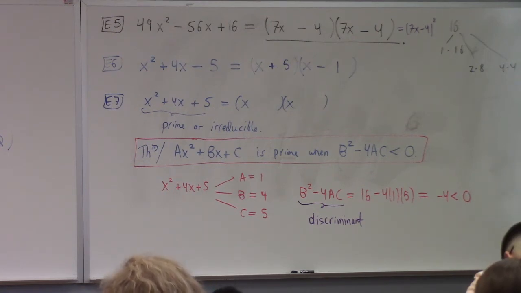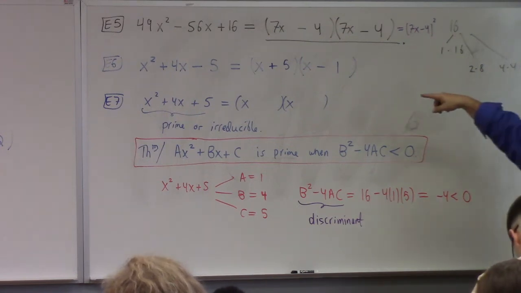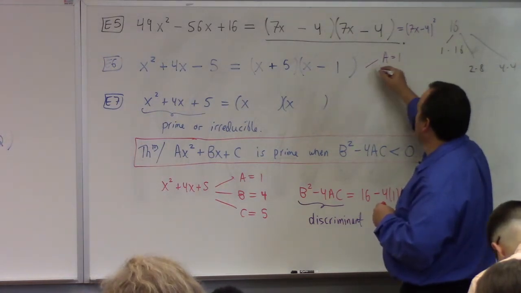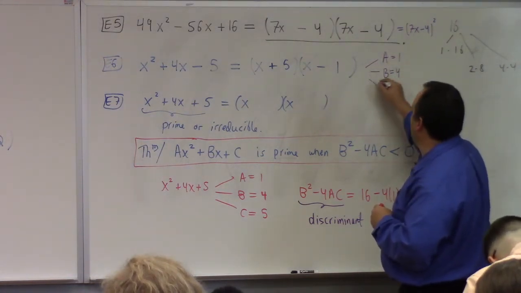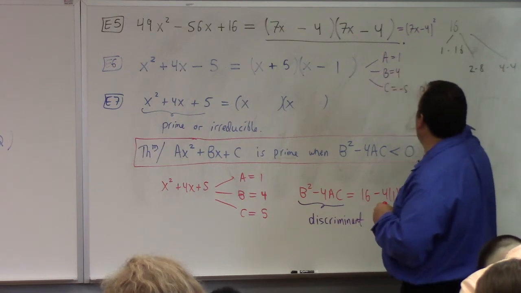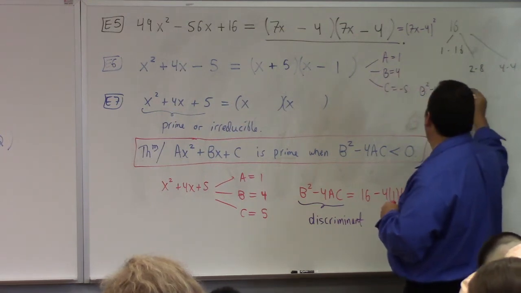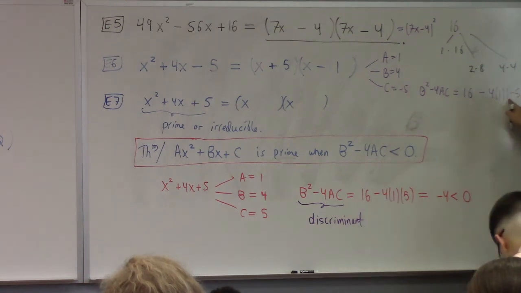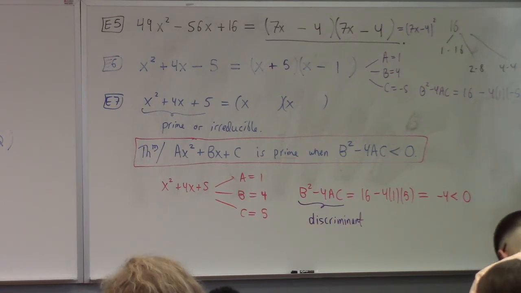If we calculate the discriminant in example 6, we would have got what? a is 1, b is 4, c is minus 5. So b squared minus 4ac is what? 16 minus 4 times 1 times minus 5. Minus times minus gives me plus. So the discriminant for example 6 was actually 36, which is greater than 0.